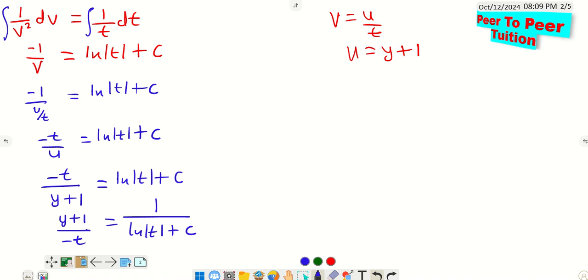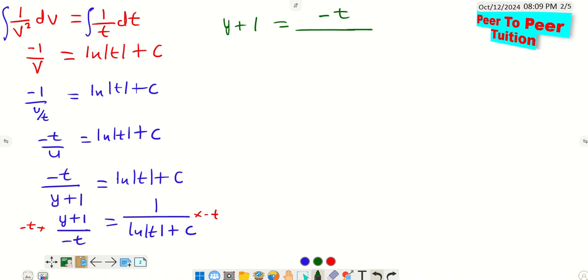The next thing is to multiply here by negative t and here by negative t. So I'm going to get y plus 1 should be equal to negative t all over ln t plus c.